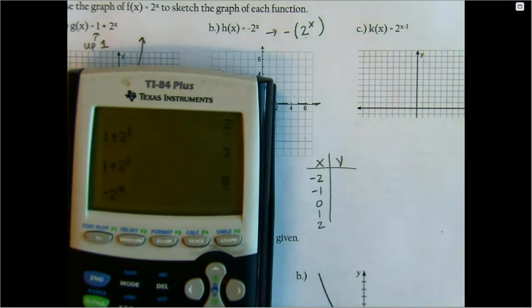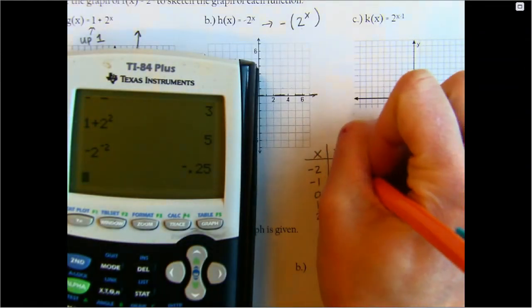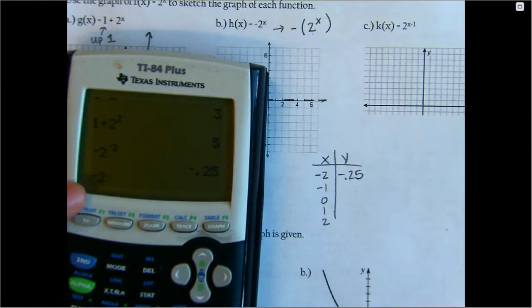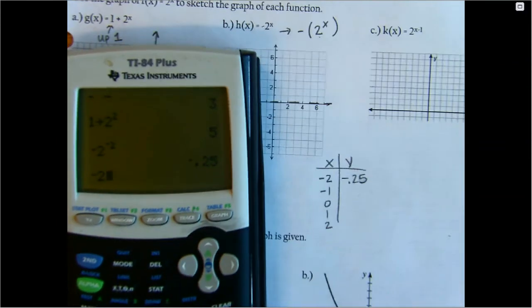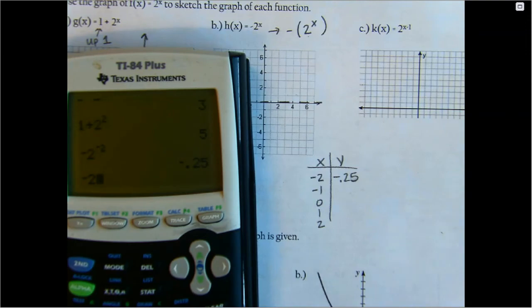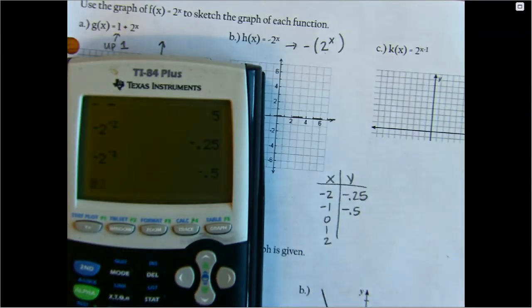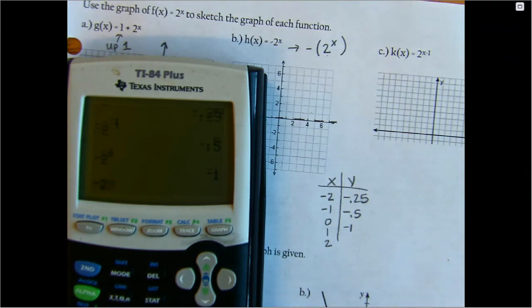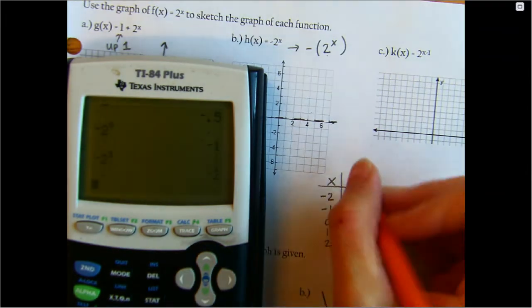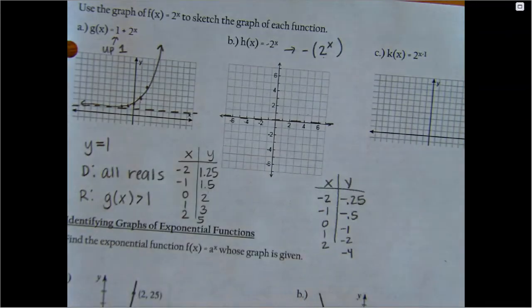So -2 to the -2nd would be -0.25. You don't have to put parentheses because there aren't parentheses there either. We don't want the parentheses. So that would be -1/2, then -1, -2, and that one would be -4.